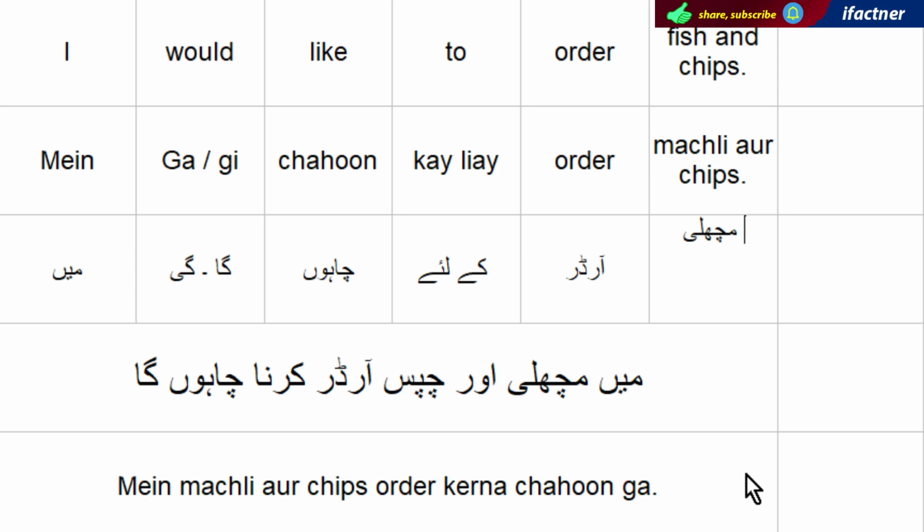And or. Alif waw re. Or chips is che, pe, sin. Chips. So we translate word by word in Urdu, and we get ourselves मैं मछली और chips order करना चाहूँगा.